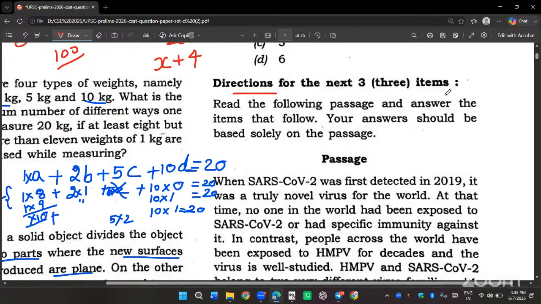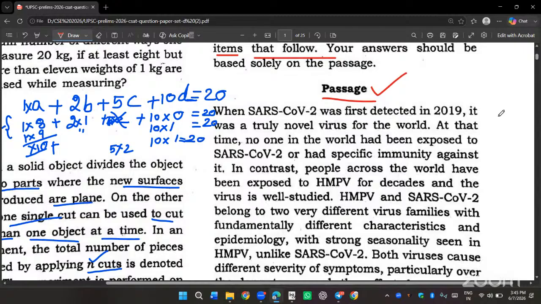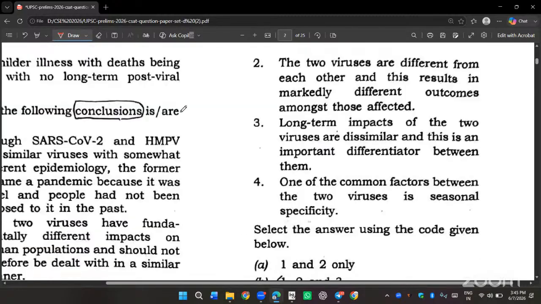Directions for next 3 items. Very important. Here, first passage. Read the following passage. Answer the items that follow. So read this passage, then answer the questions given here.